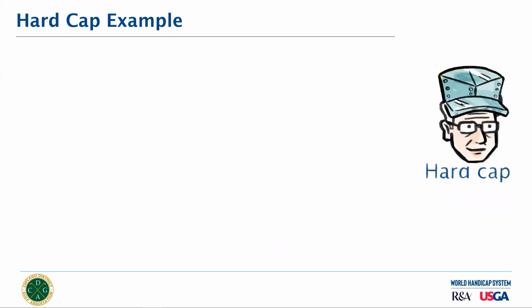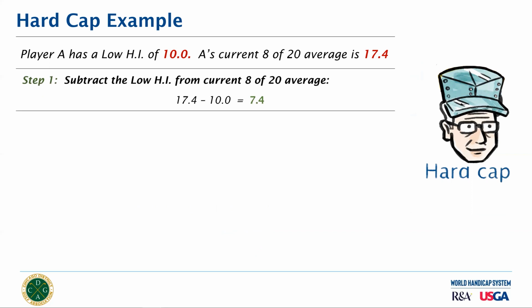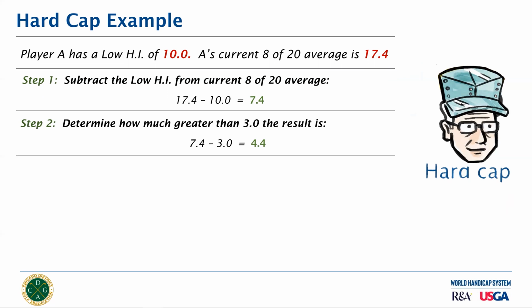The hard cap. Same player, low index of 10.0. Now their current 8 of 20 average is 17.4. You subtract the low index from the current average, which leaves us 7.4. Determine how much greater than 3.0 the result is.